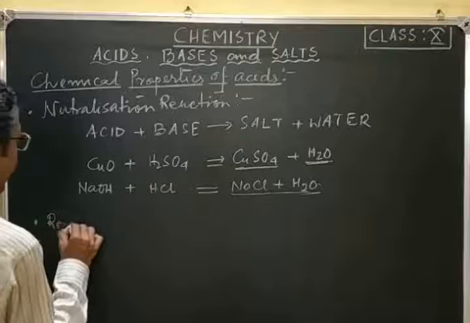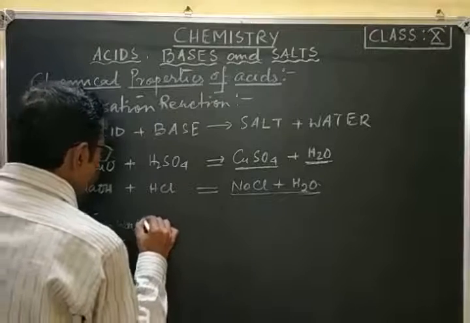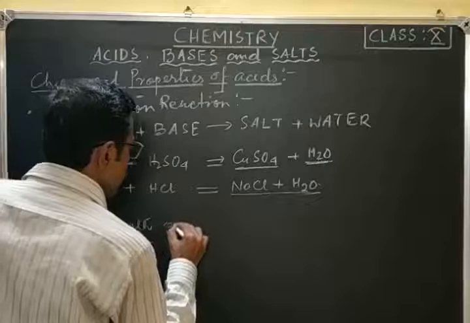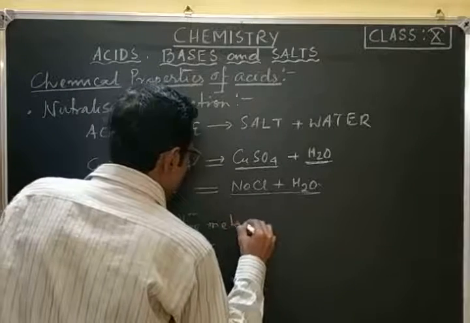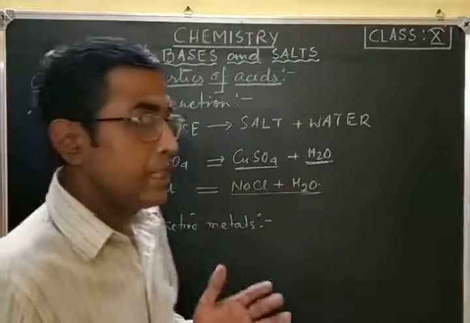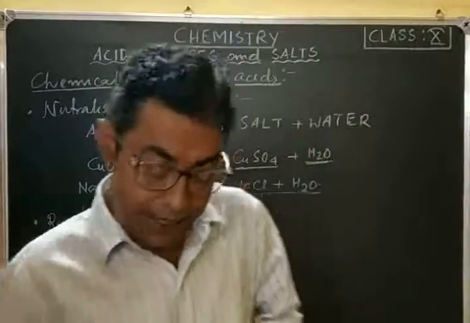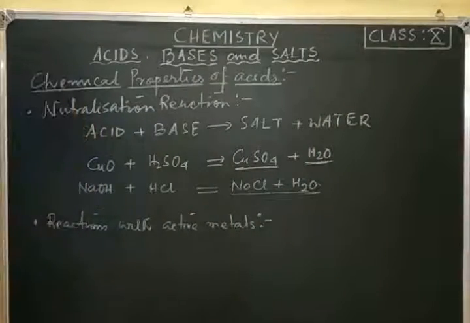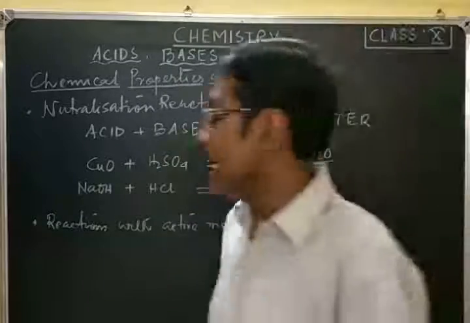What are active metals? Active metals are those metals which are placed above hydrogen in the topmost position of the activity series. Potassium, sodium, zinc are all examples of active metals.